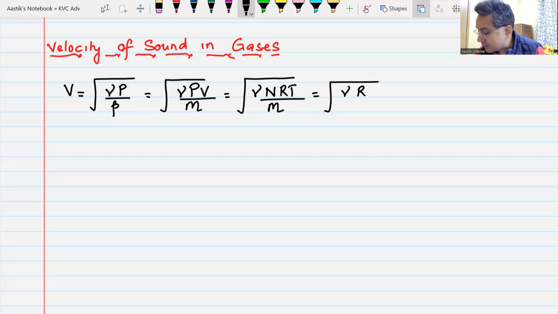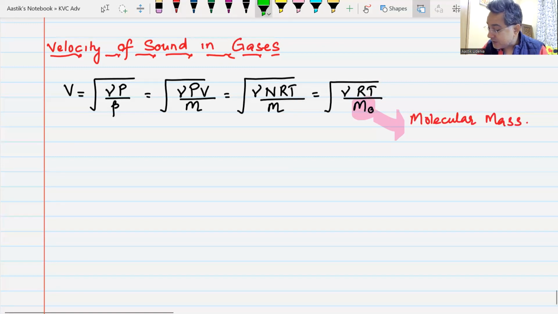So you can write it as gamma RT by m naught, where m naught is the molecular mass of the gas. Do we understand this? Yes, sir. M naught is the molecular mass of the gas, and this m is the total mass of the gas.